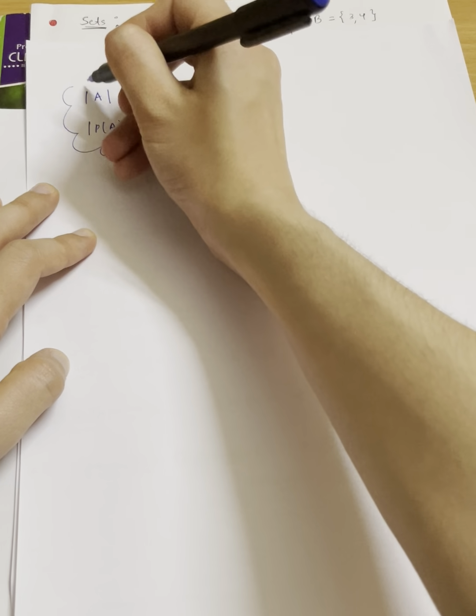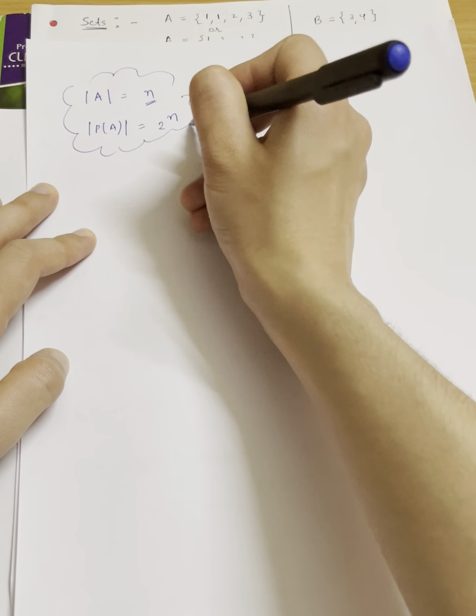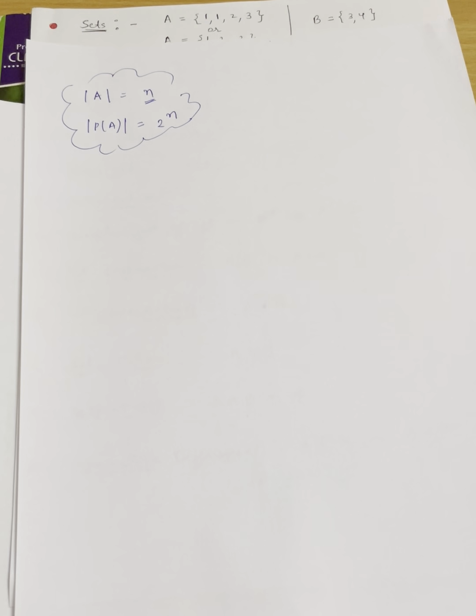So this is the general way to find the cardinality of all the power sets, right?